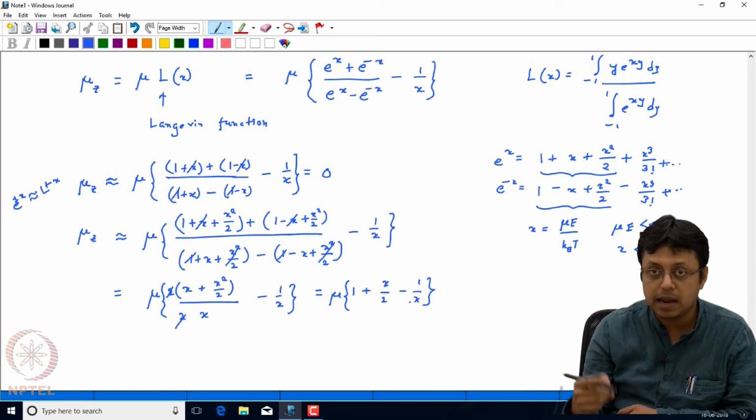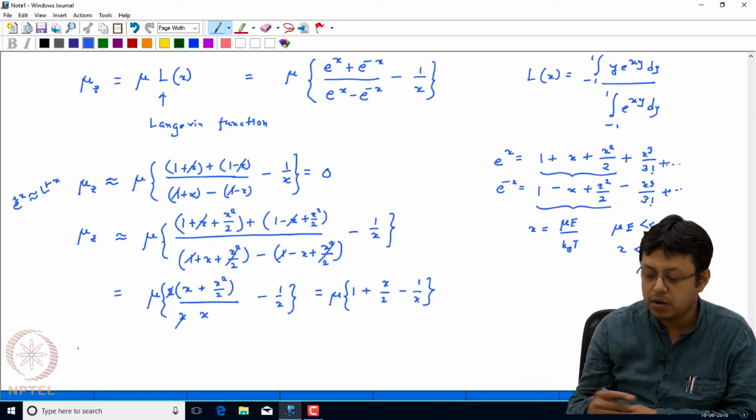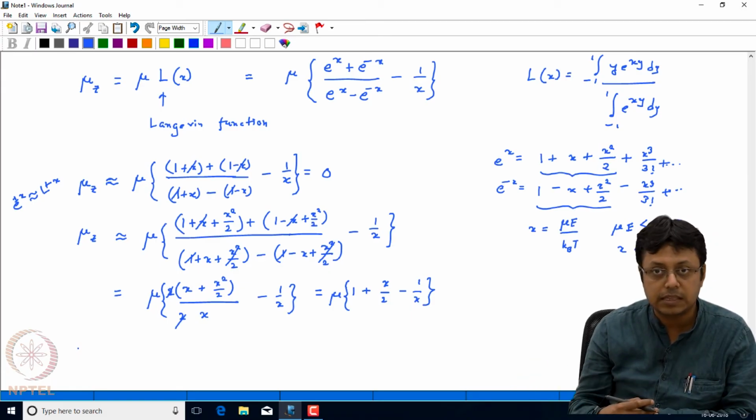We have to probably take another function. So, that way you can actually work out the overall value of the Langevin function.